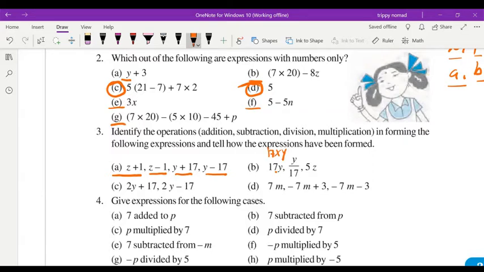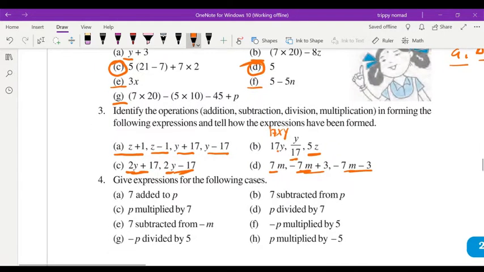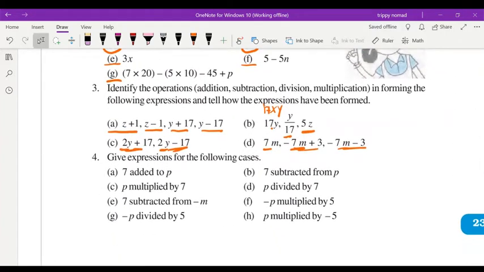Here division, here again multiplication, here multiplication and addition, then multiplication and subtraction. Here only multiplication, here multiplication and addition, both multiplication and subtraction. So you will write answers as I am telling you. The words that I am speaking you have to write in your notebook and check the answers, which will be given like that as I am teaching you.